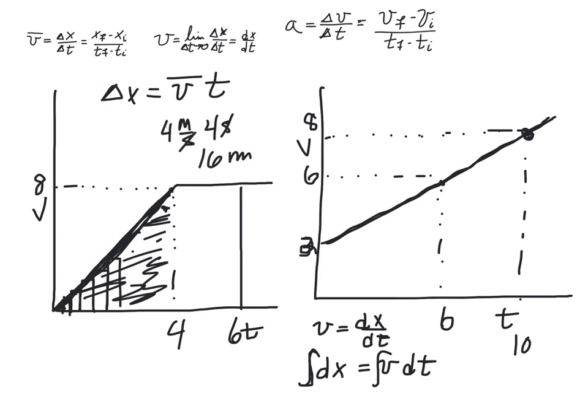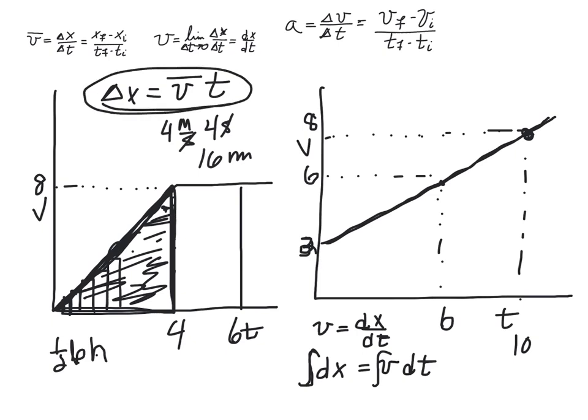So this is a triangle, and the area of this triangle is 1/2 the base times the height. Well, what we did was, when we took the average, we took 1/2 the height times the base, which is the same thing, and we get the area. So either by using this equation or by calculating the area, you can find the displacement.